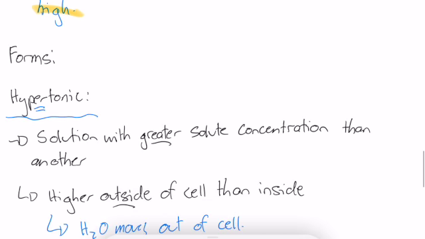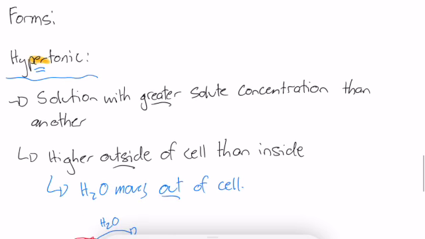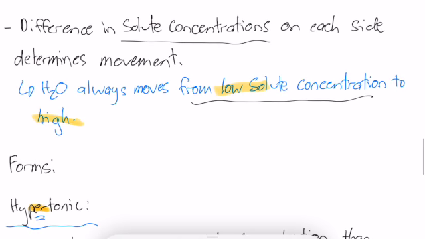Firstly, hypertonic. Note the ER. This is where a solution with a greater solute concentration than another is found. So there is a higher amount of solute outside of the cell than on the inside. And as we mentioned before, H2O always moves from this low concentration to high.